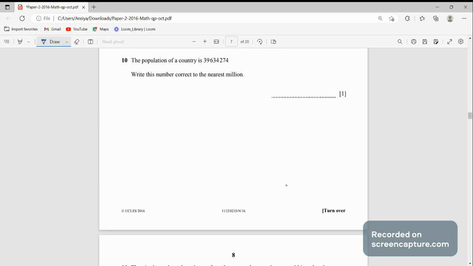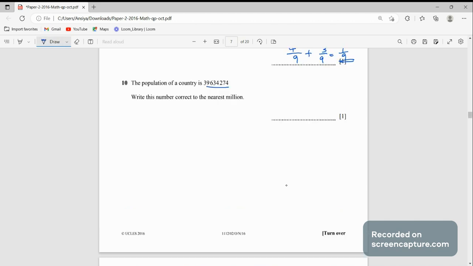The population of a country is this number. Write this number correct to the nearest million. So rounding. This is a question from the rounding topic. So ones, tens, hundreds, thousand, 10,000, 100,000, and 1 million. So we are supposed to round it in this position.